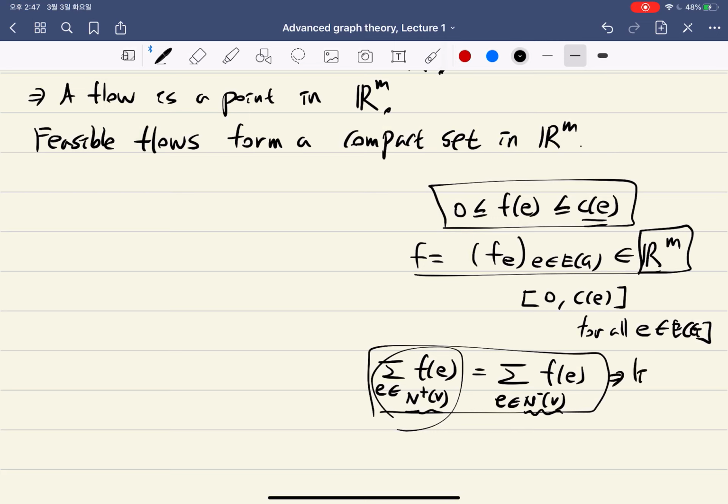So this is a linear equation. So for each internal vertex, you add a linear equation. And once you have this compact set, and then you add linear equations to the constraint, you get a smaller set which satisfies the equations. But once you shrink this way, it's still compact. So we know by elementary analysis, this is compact.